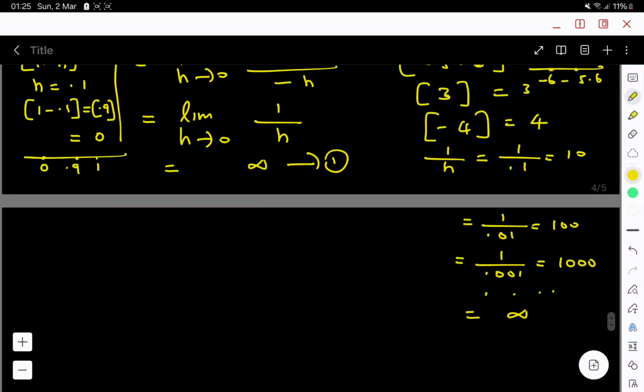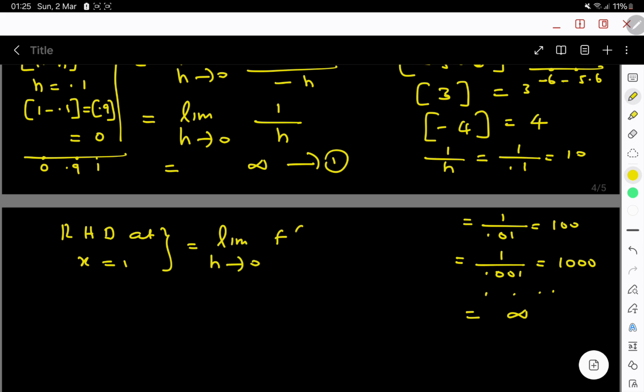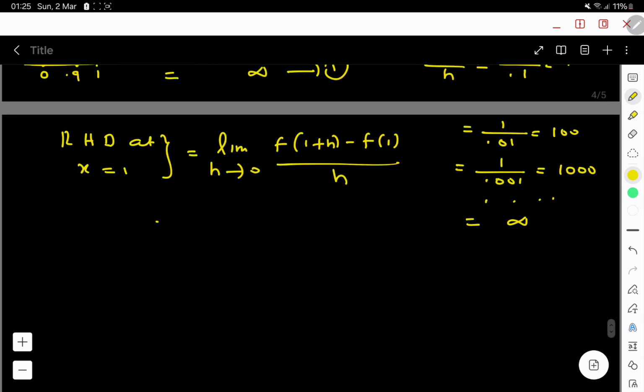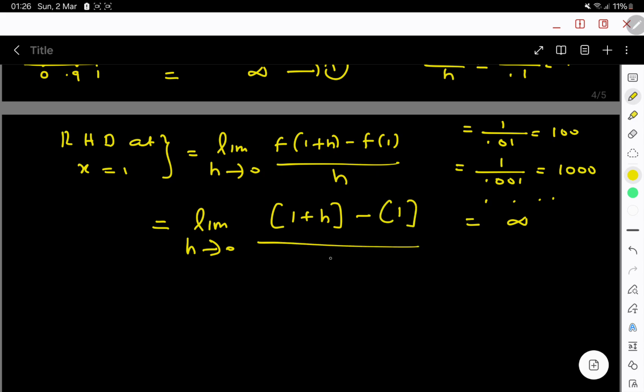Similarly we find the right hand derivative at x equal to 1. So limit h tends to 0, f of 1 plus h minus f of 1 divided by h. Now this is the greatest integer of 1 plus h minus f of 1, divided by h.